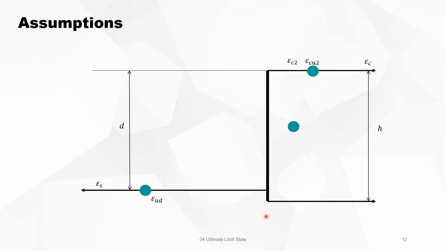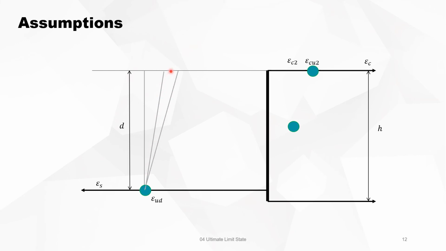Again, we have the same diagram with the three points. Now we look at all the different domains, or the different strain diagrams, that can occur for a beam. The first one is centric tension. That's the first diagram. If we make it a little bit eccentric, we arrive at this strain diagram.